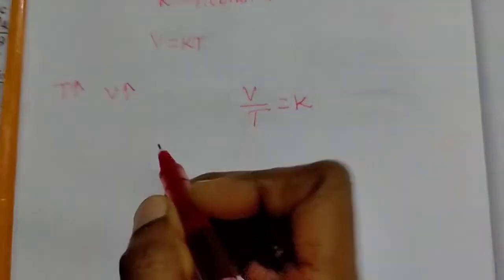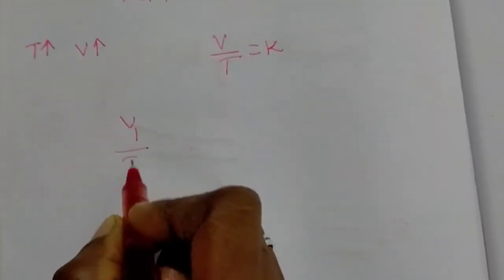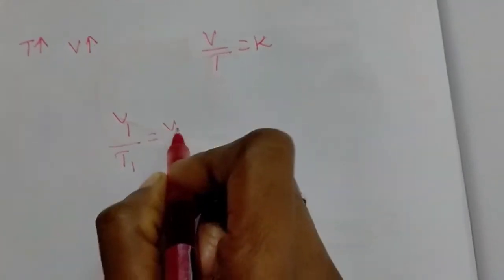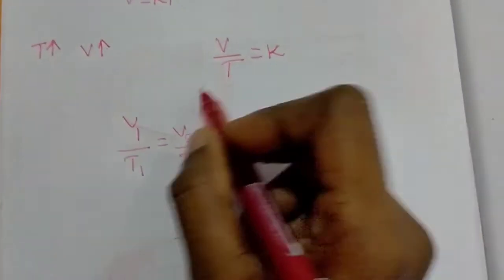So for the same system, V1 divided by T1 equals V2 divided by T2 equals K. That means constant.